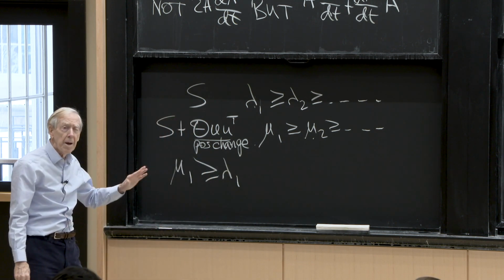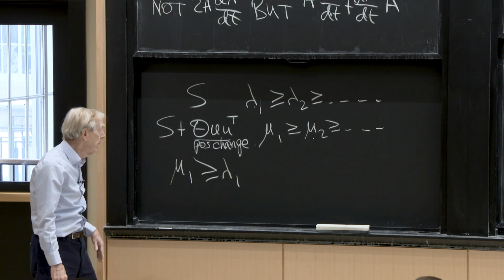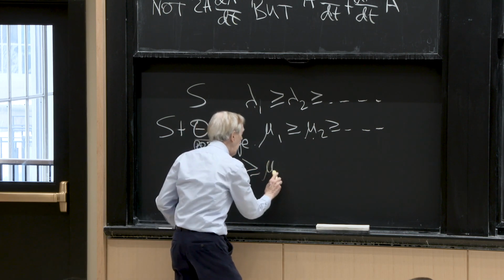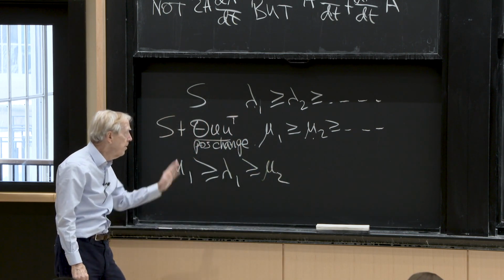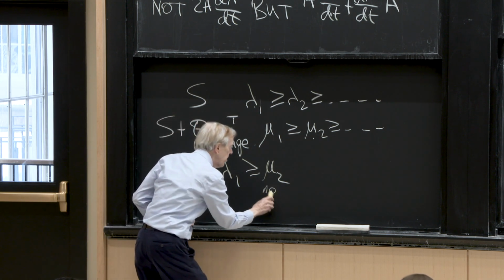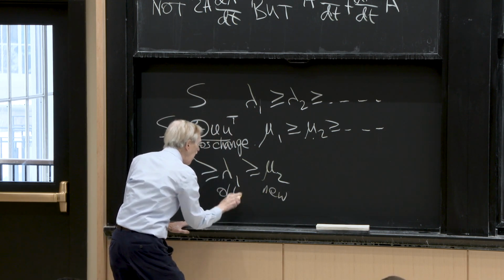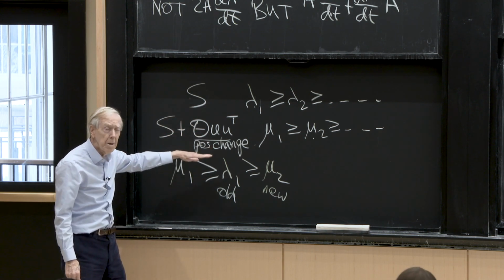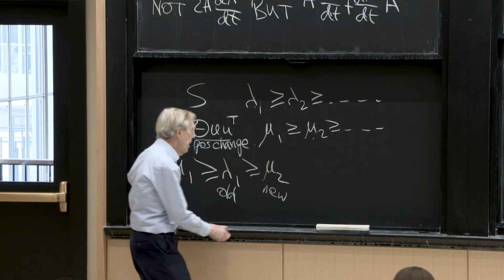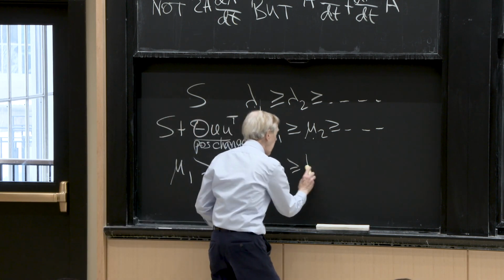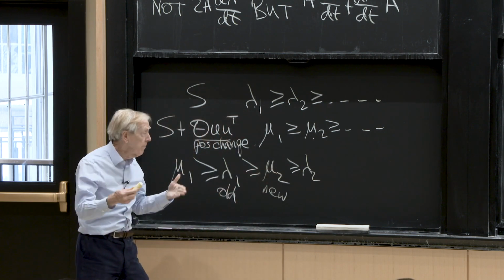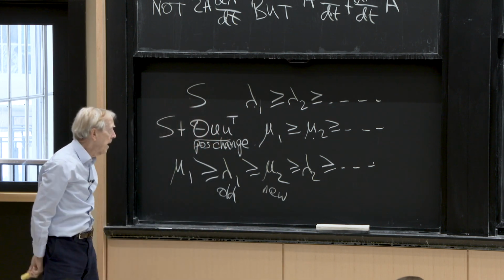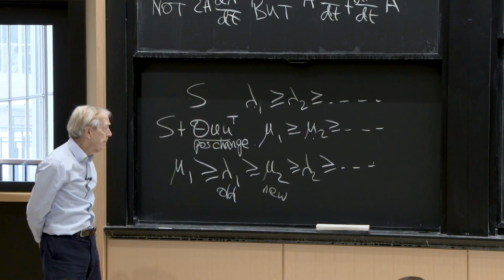That says that the top eigenvalue went up or didn't move. But mu2 is below lambda 1. This is the new and this is the old, old being S, new being with the change in S. And mu2 is greater or equal to lambda 2. So the second eigenvalue went up, and so on. That's the great fact.